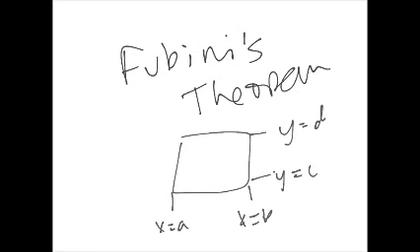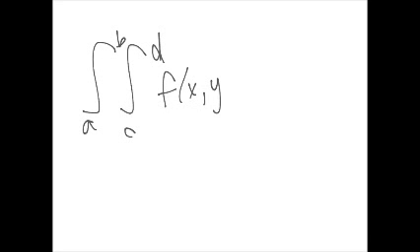Because Fubini's theorem involves two variables, and it has the iterated integral, which is the double integral. Fubini's theorem looks like the integral from a to b, c to d, of f(x, y) dy dx.